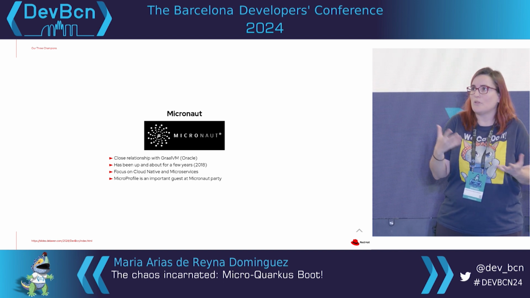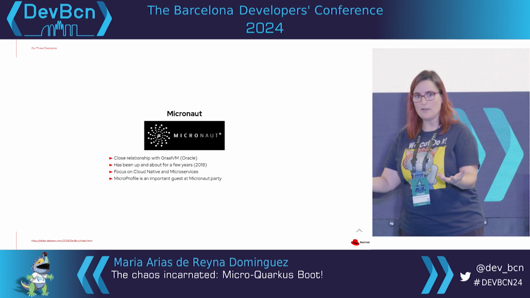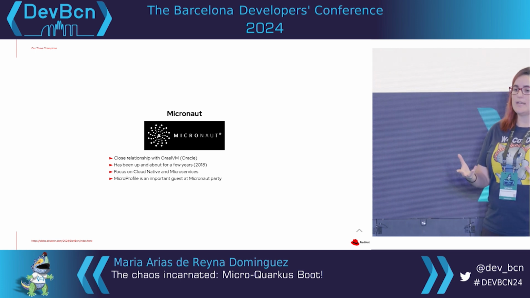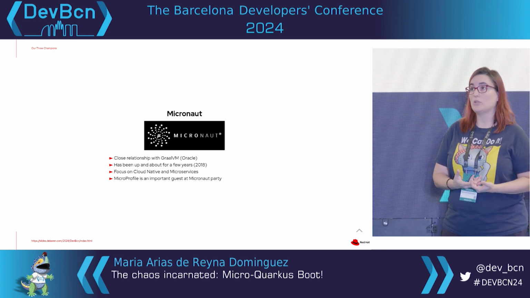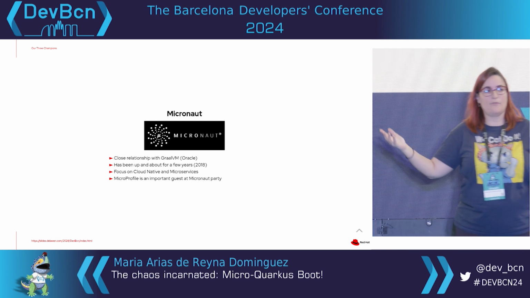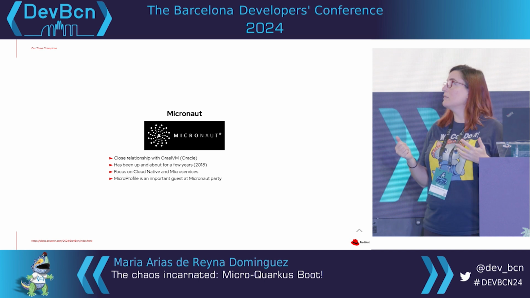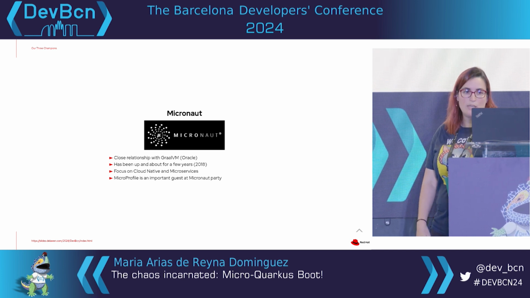Is it a bug or a feature? Is it good? Yes, it's good, because it means they are providing extra stuff. But also that means that part of the code that you generate in Micronaut is not MicroProfile compliant, because it's their own stuff. Similar to what happens in Spring. Spring has a lot of things that are outside MicroProfile.